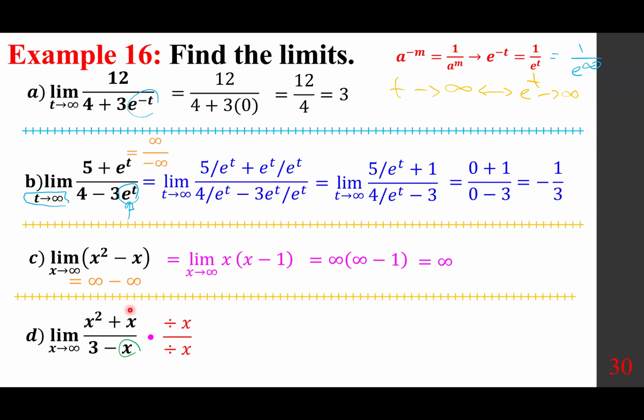So this gives you x, this gives you 1, this gives you 3 over x, this gives you -1, and this is what we have. If you plug in, you get infinity plus 1 here. Over here, you get 0 minus 1. And here's what's interesting. The numerator is infinity. The denominator is a negative value. That makes it a negative infinity. And that's the only thing you want to be careful of.